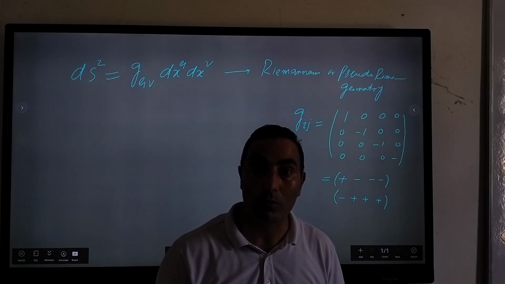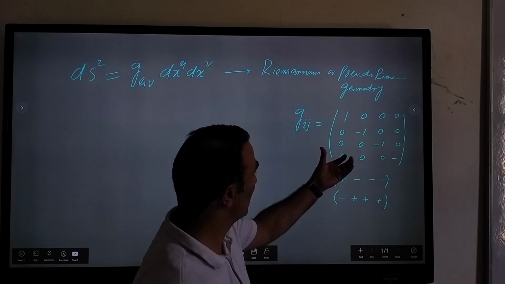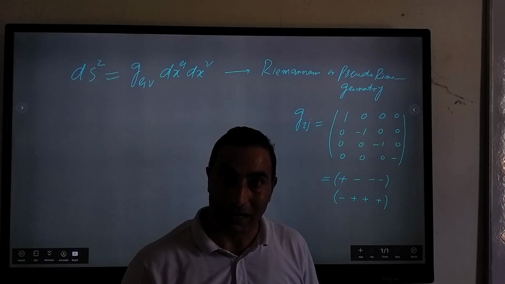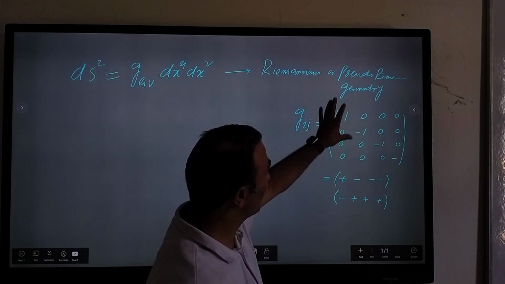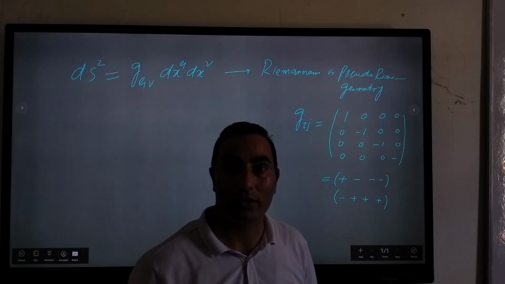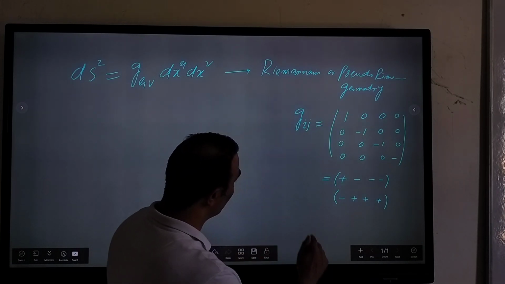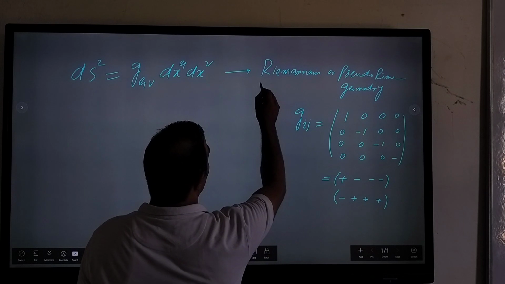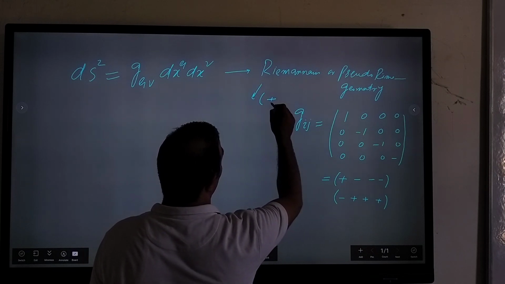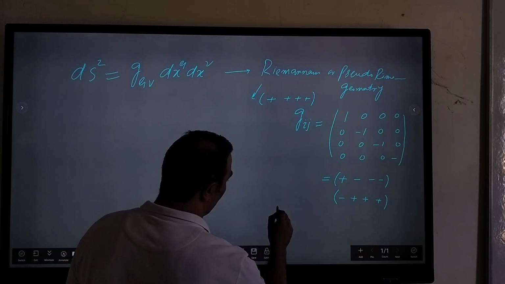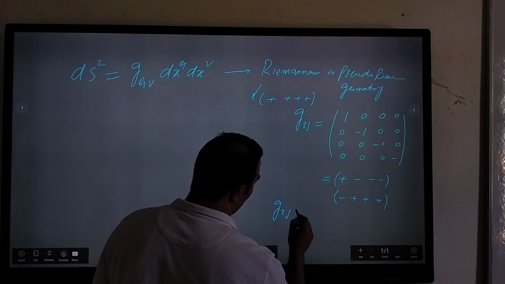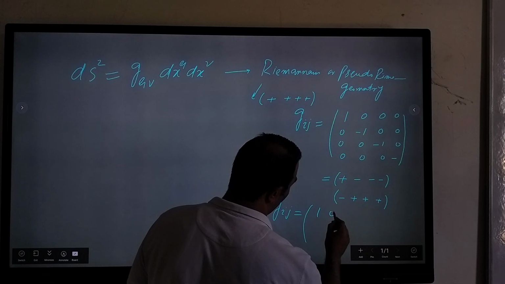Similarly, if you talk about Euclidean spaces, we can have this 4 cross 4 matrix also. But if you talk about Riemannian or pseudo-Riemannian geometry, in that case we can have only the plus plus sign. So in that case our g_ij will be equal to 1 0 0 0.